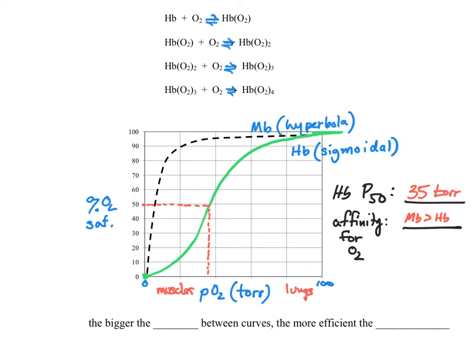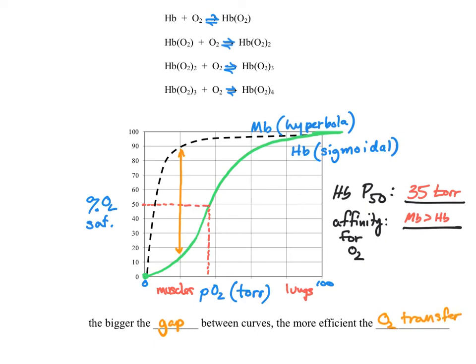Let me go down to about 20 torr, and I'm going to draw a line between these. This is a line that represents what's going on in the muscles. And what you can see is there's a large gap here. And what that means is written down at the bottom. Let's fill this in. The bigger the gap between curves, the more efficient the oxygen transfer.